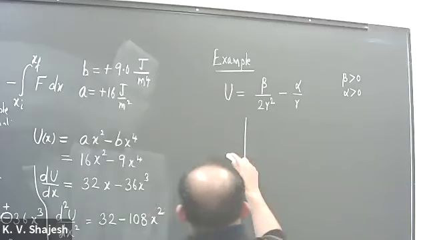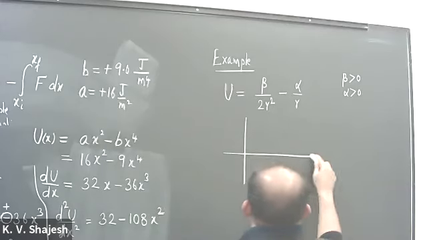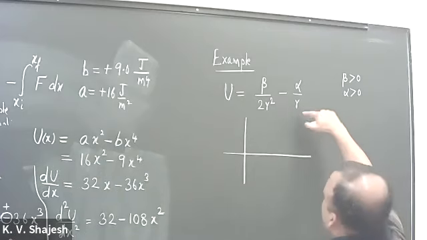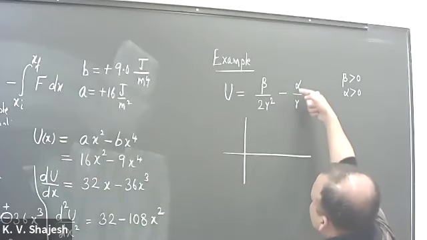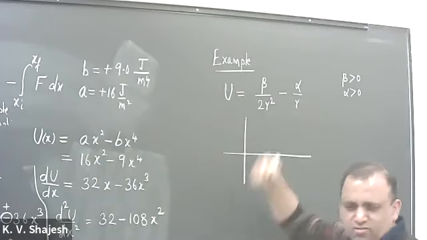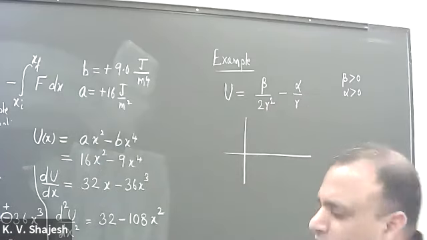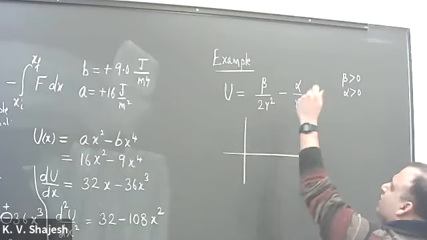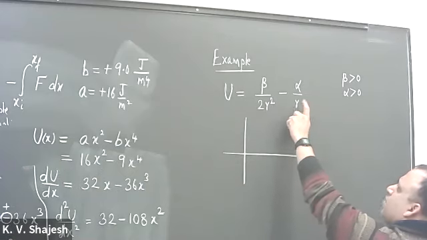So again, if you were to plot this function, always imagine r to be small or large. That gives you a good idea of what this function is going to do. When r is really small, since r is in the denominator, small r means a very large value of u. And when r is small, this is going to dominate this term.